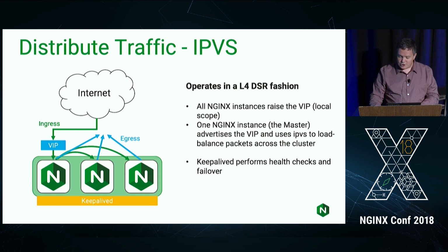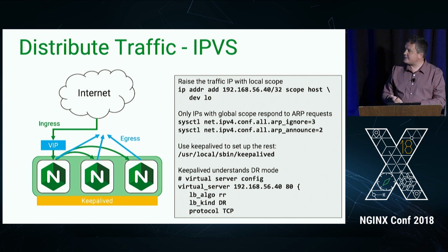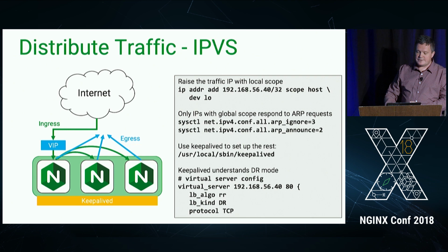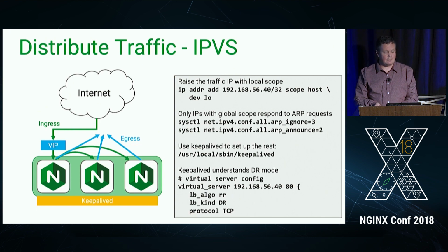This is another configuration that's well supported by Keepalived. It takes on the task of publishing IPs with global scope, of setting up the IPVS rules to do the load balancing. So there's a good degree of flexibility here.